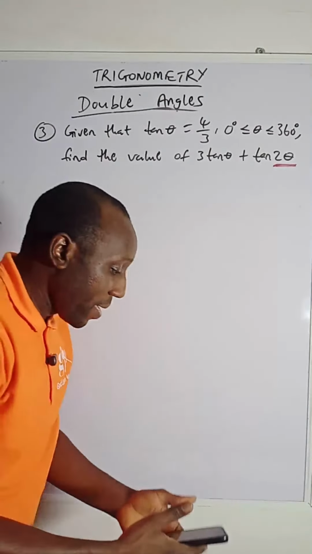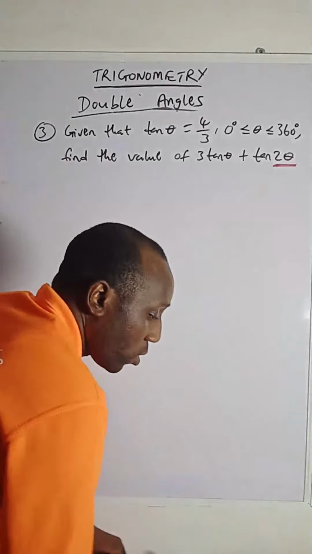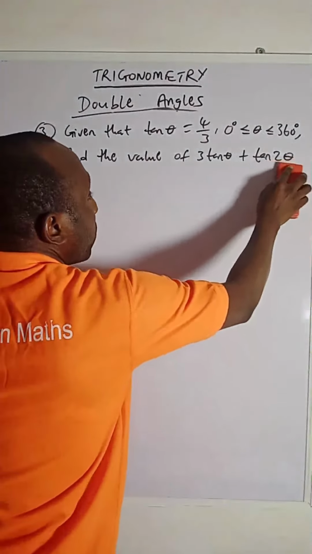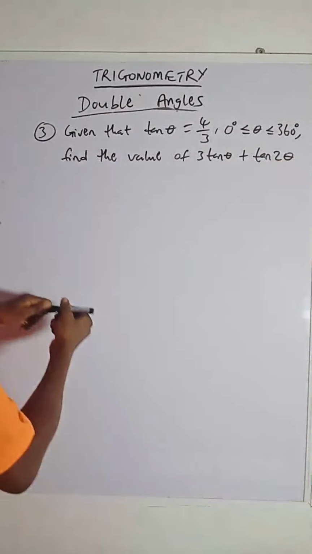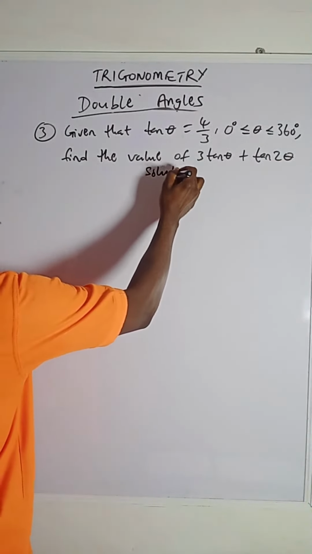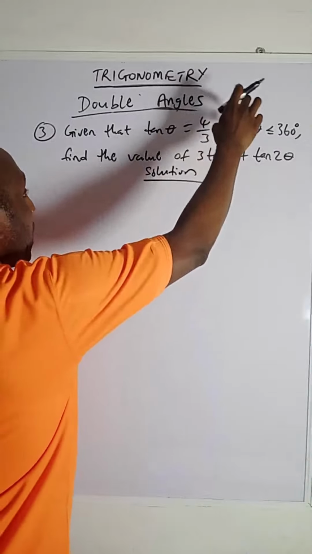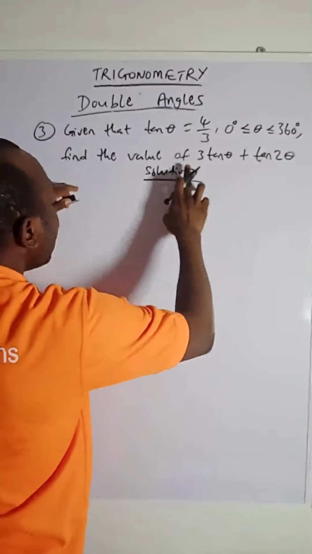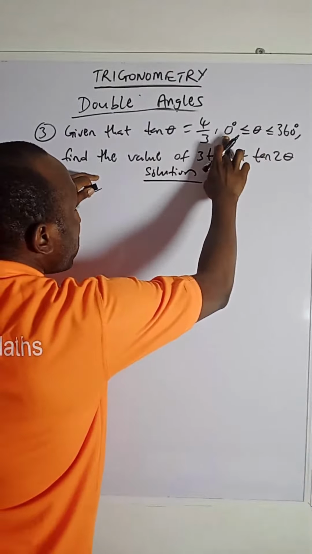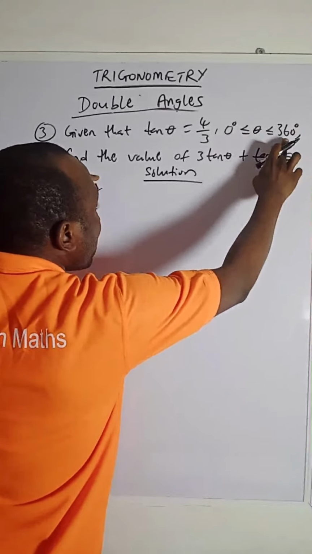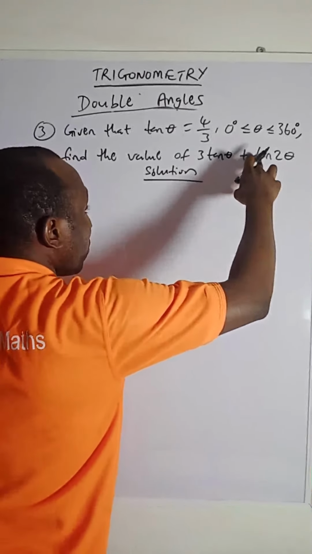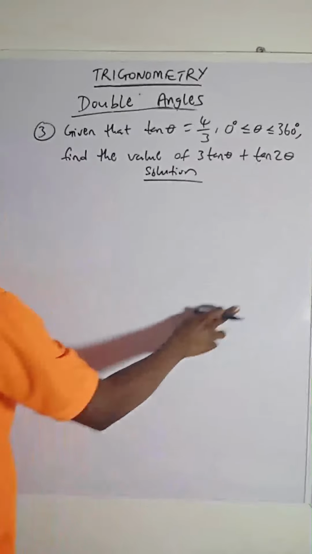Yes, Mangela, double angle. So you see where we're now bringing in double angle, even with tan. But that will not be a problem. So let's start real quick. I don't want us to spend too much time on this. Now, they said if tan theta is 4/3, we should find the value, and they said theta lies between 0 degrees and 360 degrees. Let's find 3 tan theta plus tan 2 theta.